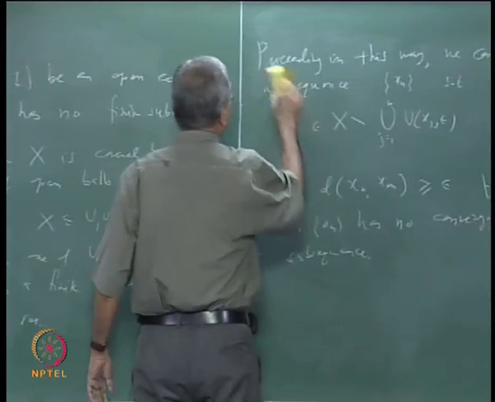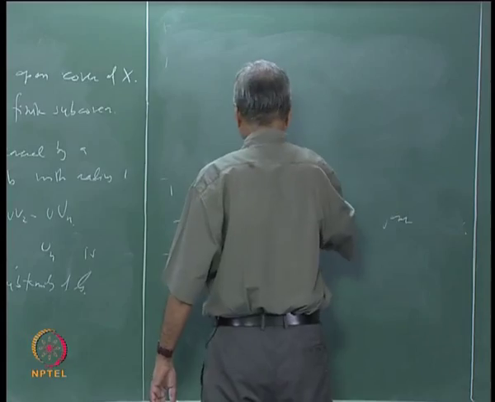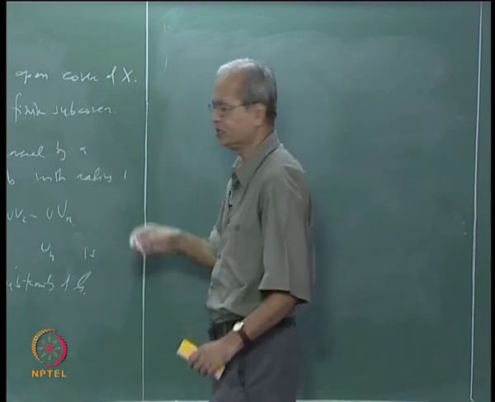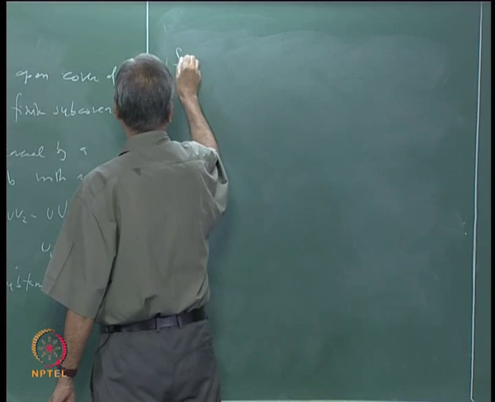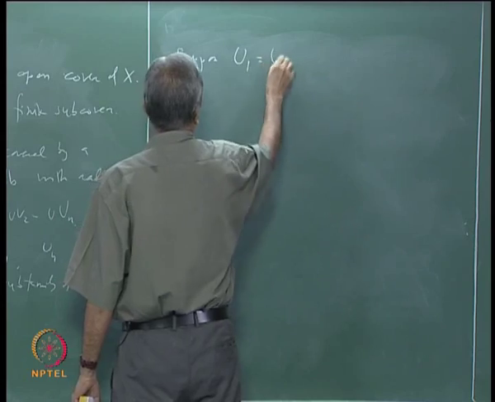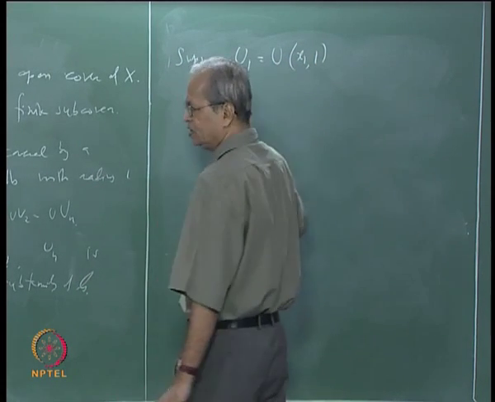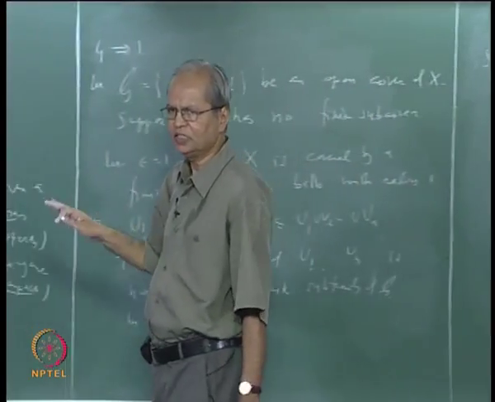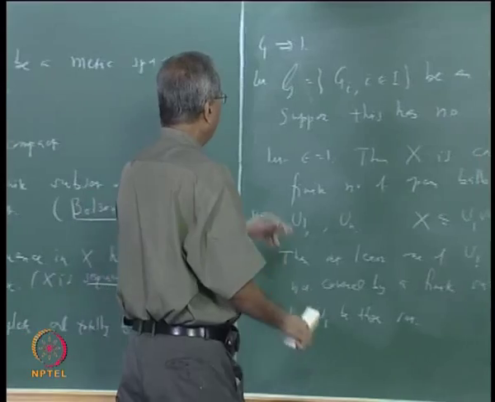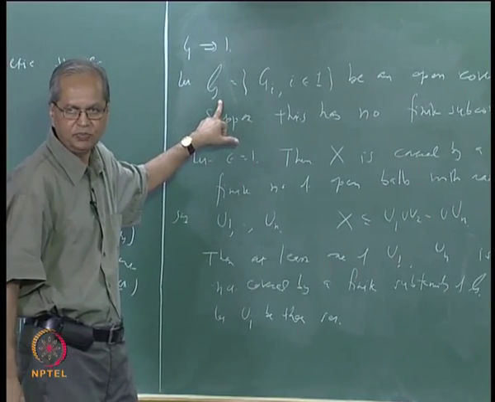Let us again recall what u1 is. u1 is an open ball, let us say u of x1, 1, that is, an open ball with some center and radius 1, and the property is that it is not covered by a finite subfamily of this script G, okay.